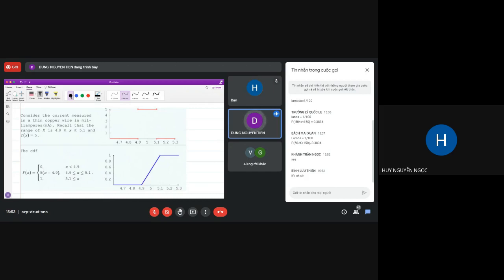Consider the current in a thin copper wire. Recall that the range of x is 4.9 to 5.1, and the function f is 5.